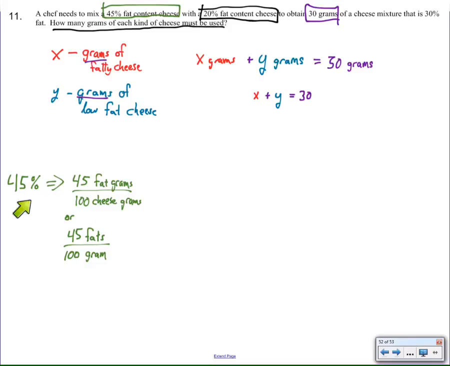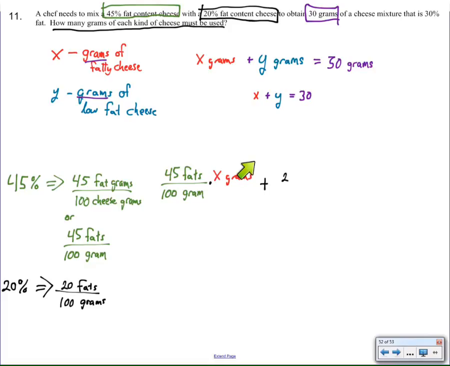When you see 45%, you need to understand that percent is a little ratio. It looks like the same thing we use for labels, something out of something. So a percentage is a rate. Whenever you see a percentage, think rates. And here we have another rate: 20% means 20 fats out of every 100 grams of cheese. If I take X grams of cheese times 45%, the grams are going to cancel, and I'll be left with fat grams.